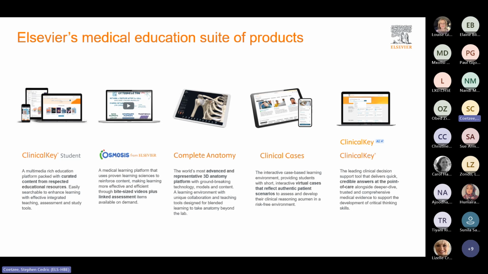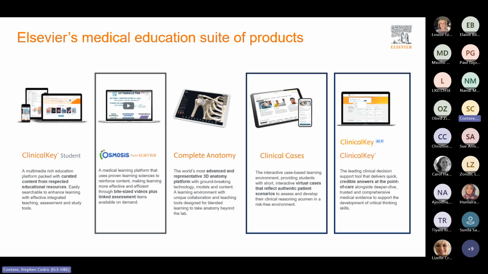Today, I'm going to be covering 3 of those main solutions: Osmosis, which was on trial before at Wits University, ClinicalKey Student Clinical Cases, and then ClinicalKey AI, which was recently launched in South Africa.